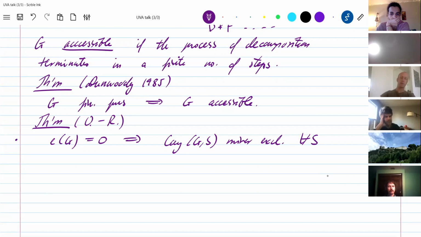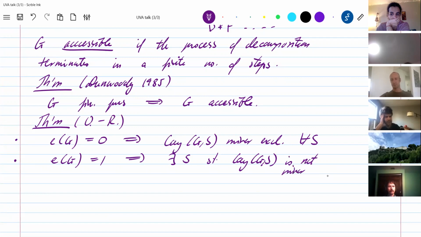S is always for me a finite generating set here, so that's what I mean by any S. When the number of ends is 1, in this case, we can always find an S such that the Cayley graph is not minor excluded.